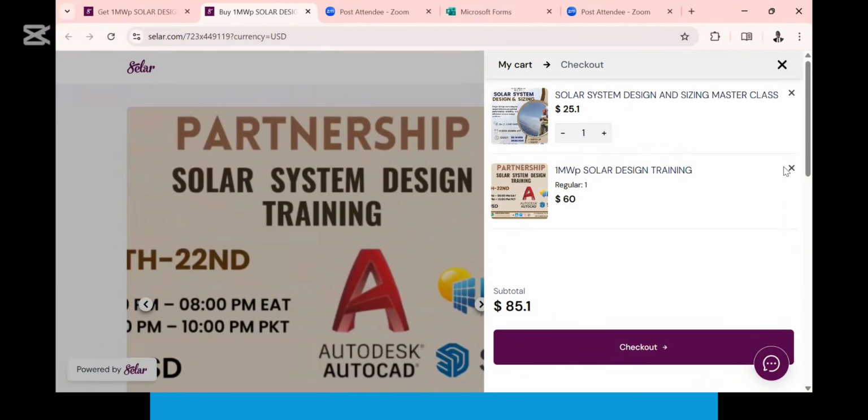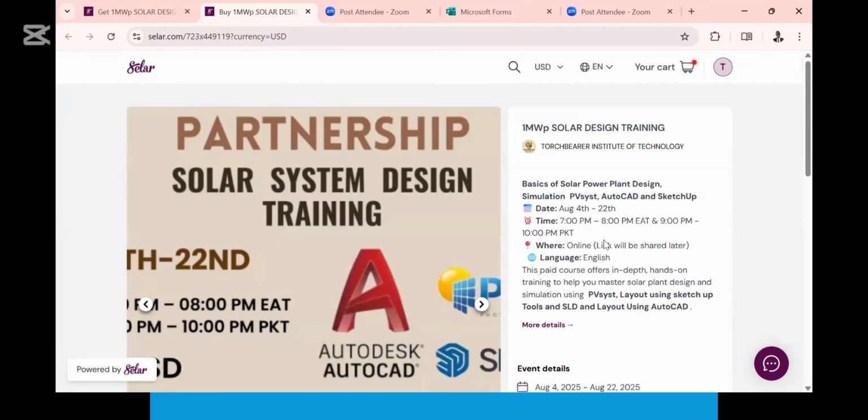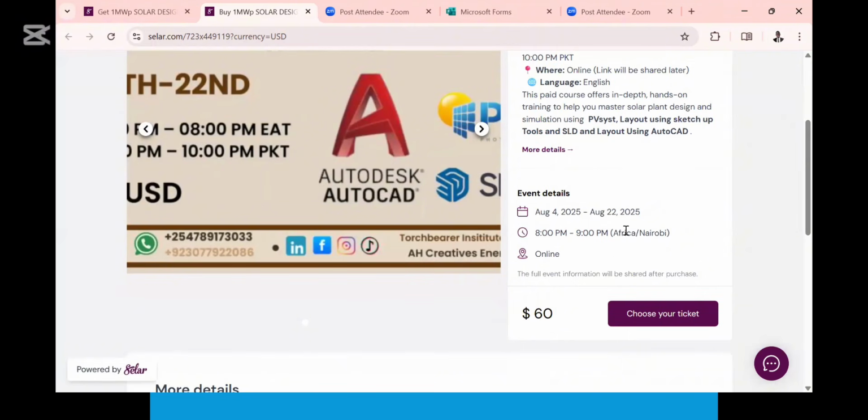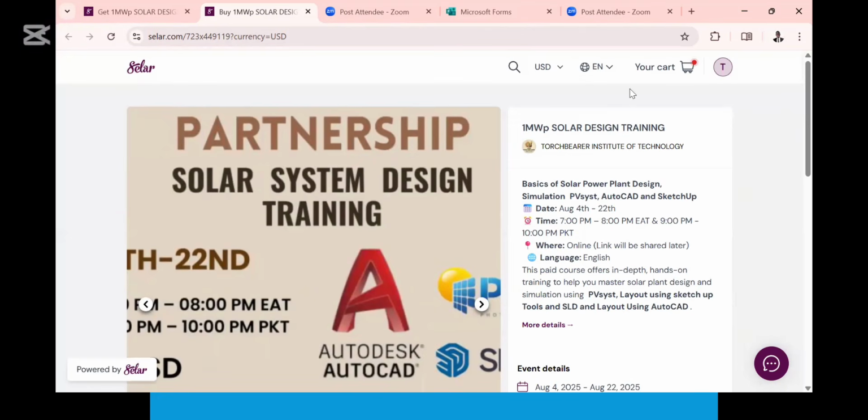Okay. Are you going to issue a certificate? Yes, there is a certificate of attendance. Sir, will the certificate be provided upon completion of your paid course? Also, will it be internationally recognized?